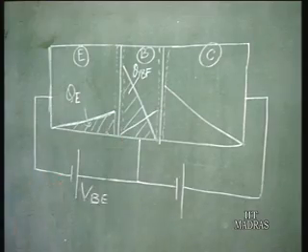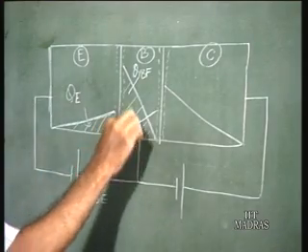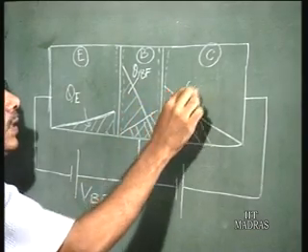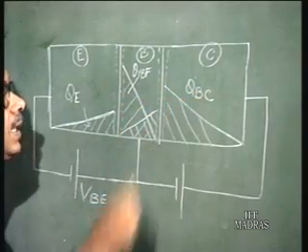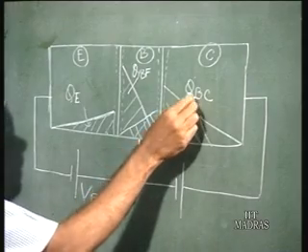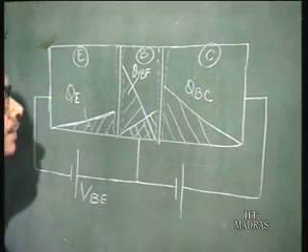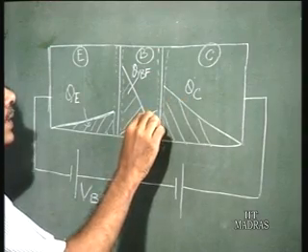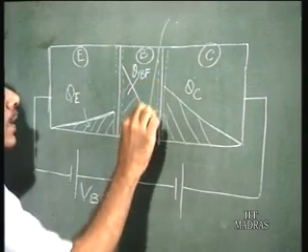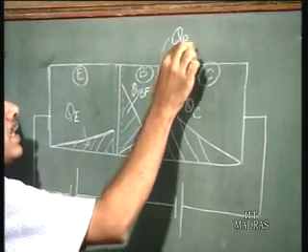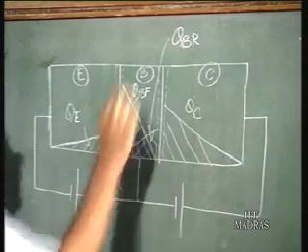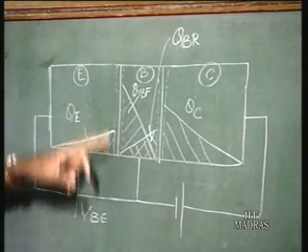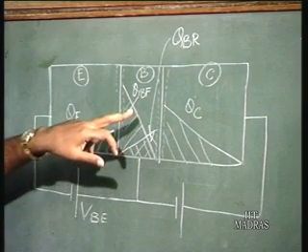And the reverse mode, when you have these charges, well, this is QC, that is the collector charge, and this component, this is the base charge in the reverse direction. So, you have the base charge for the forward case given by this, reverse case like this.